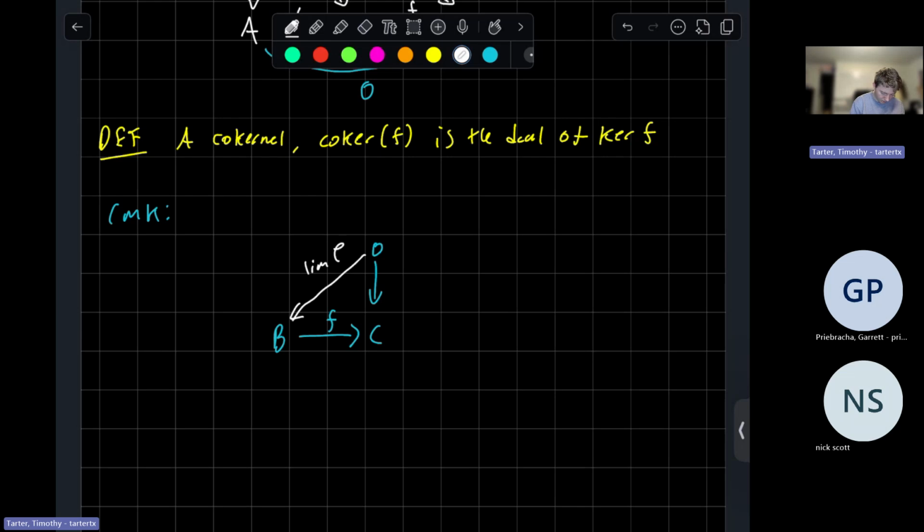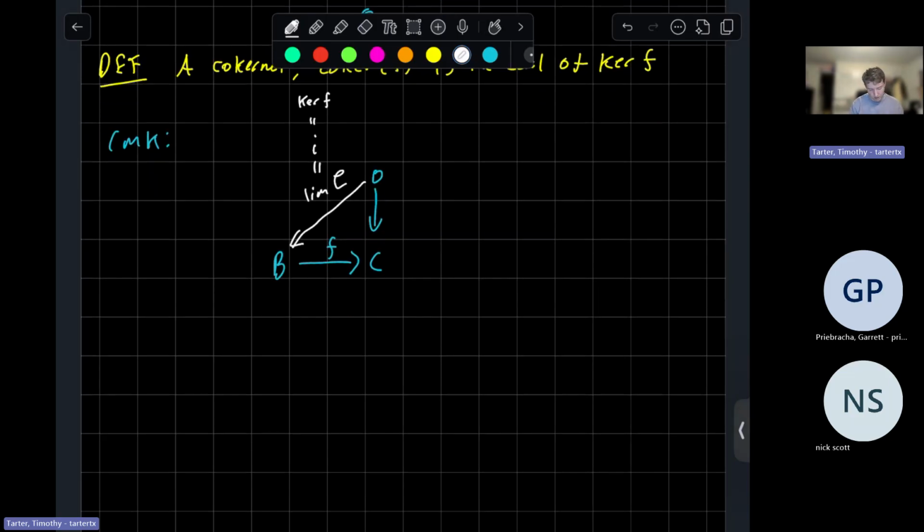The limit of the category is the kernel.